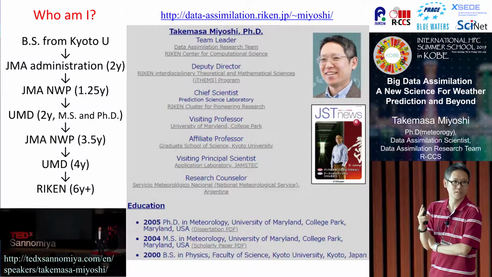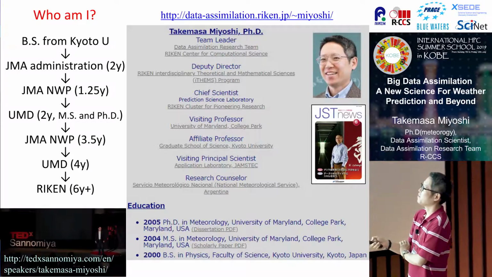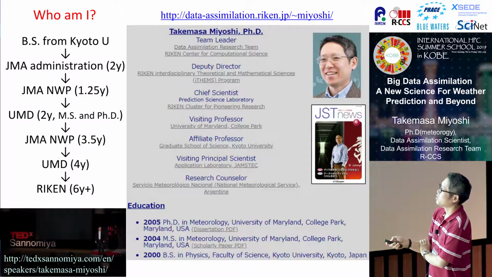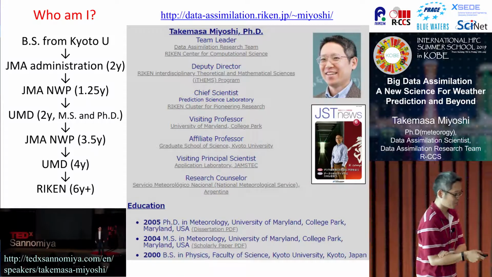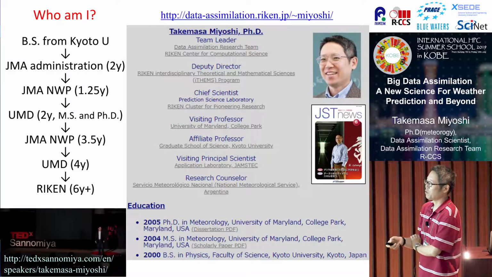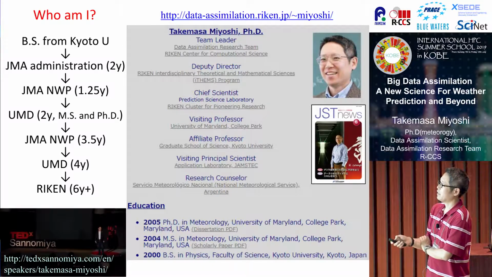That was very strict because it was part of the government training program. I was supposed to finish the master's degree, but I also finished the PhD. This was a record, the fastest record, I think, at the University of Maryland. And then I went back to the Japan Meteorological Agency, to numerical weather prediction.